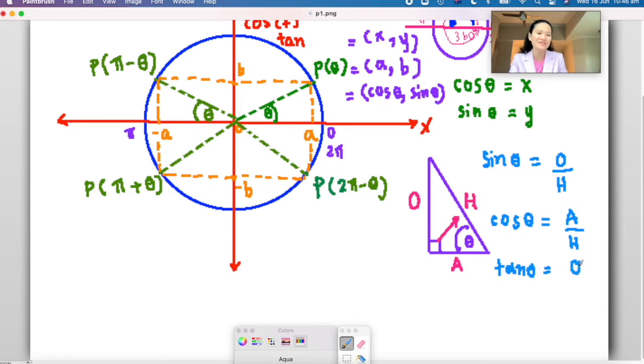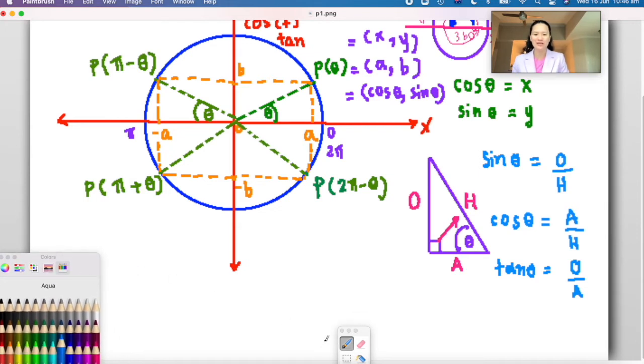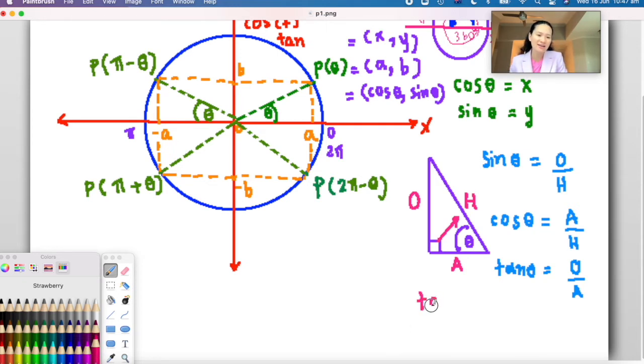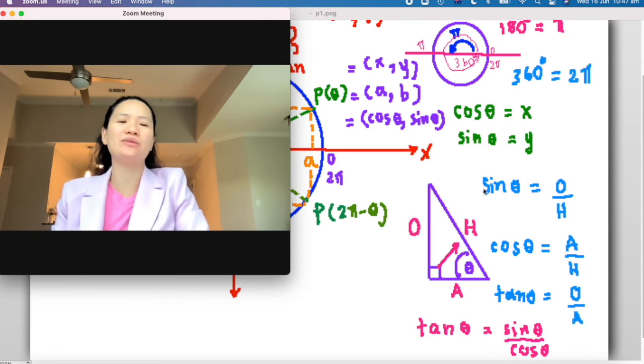Yes, of course, it equals opposite over adjacent. But another formula that you need to know is, let me write it down here super quick: tan theta equals sine theta over cos theta as well. We have learned a lot. Everyone, go with me here.